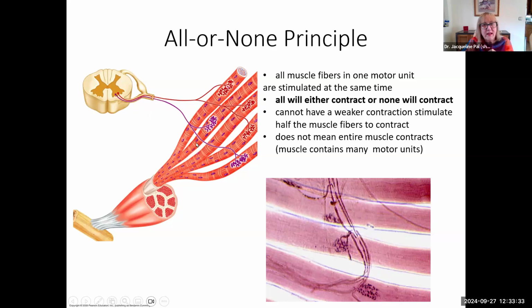If the impulse is only coming down the purple, then only these two cells are contracting and these other three cells are not contracting. And then none of these other cells are contracting. Each muscle contains many motor units. Depending on how many are getting an impulse at one time will result in how strong that muscle contraction is.